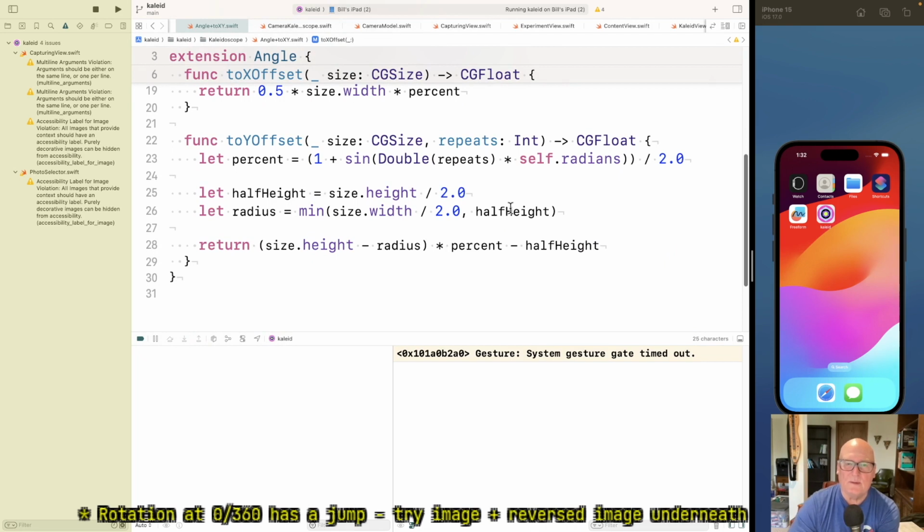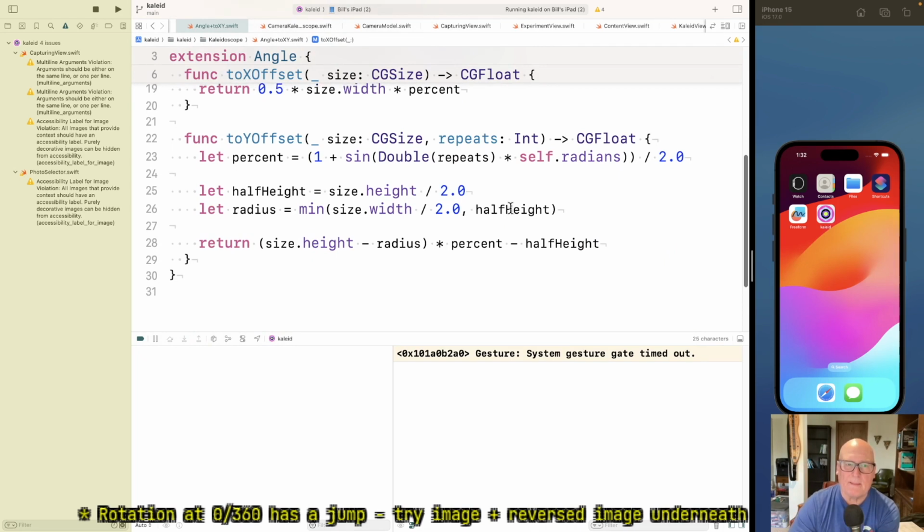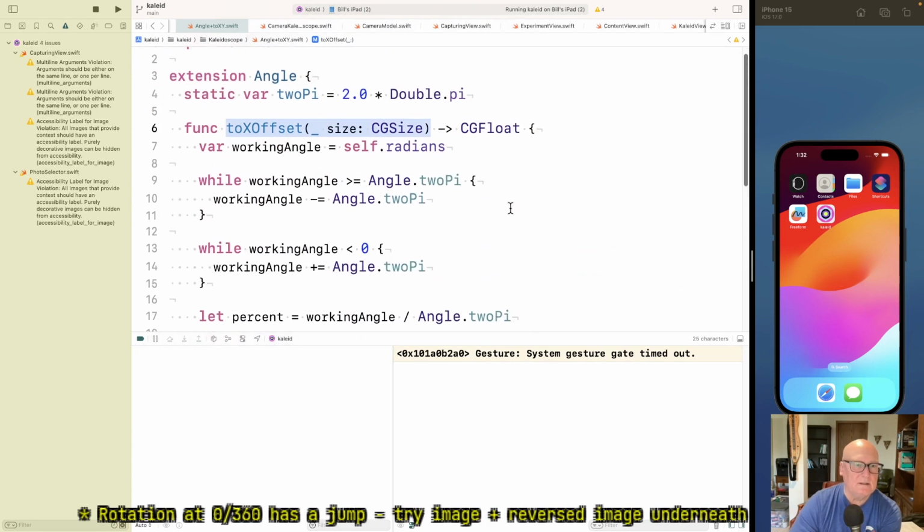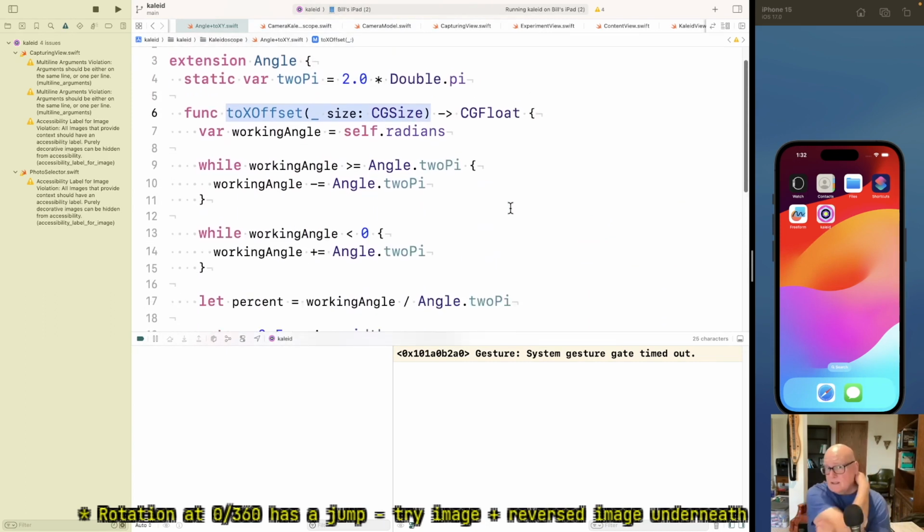All right. So the x offset, I guess we need to say in a function what that is.